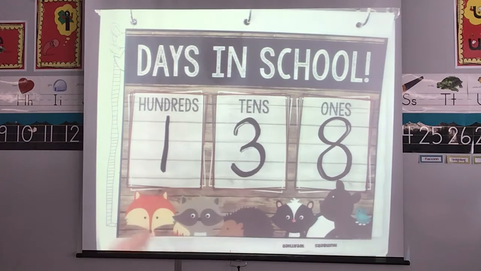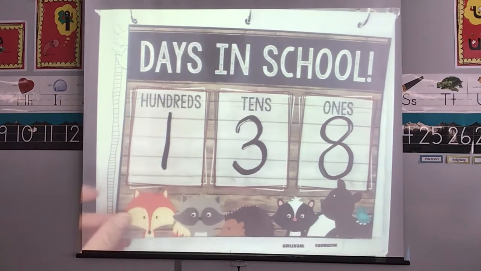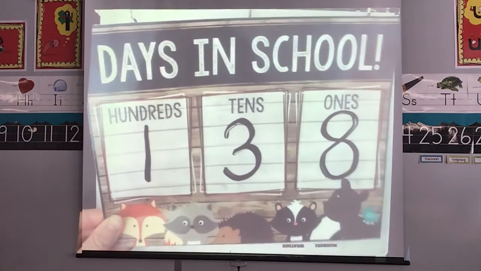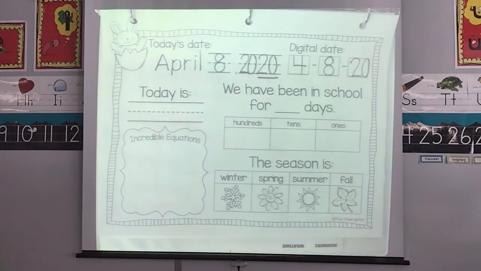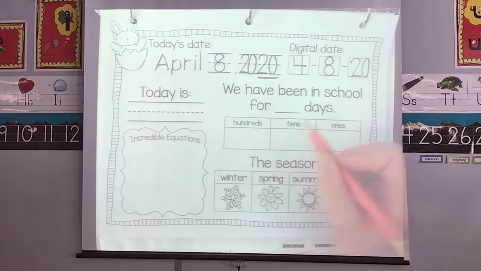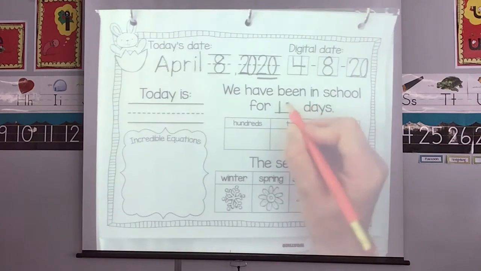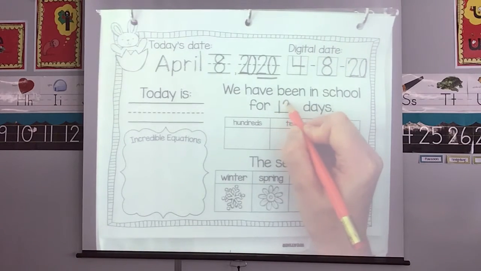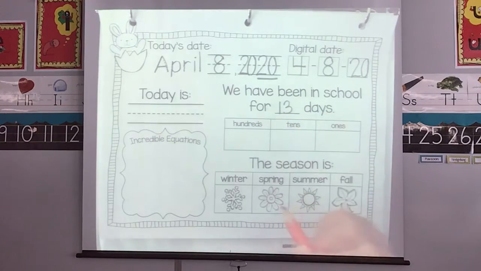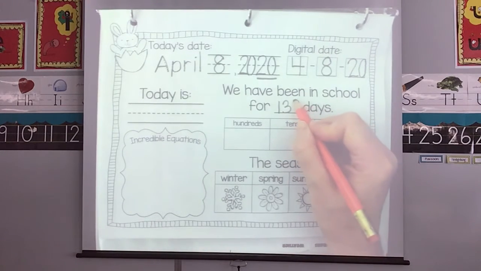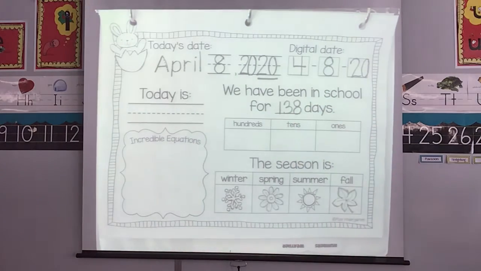We're writing a lot of 8s today, aren't we? 138. Okay, so we're going to go ahead and fill in our calendar. So we've been in school for 138. So around a tree, that's how we make a 3. 8. Make your capital S, bring it up and around. Makes a nice, neat 8.